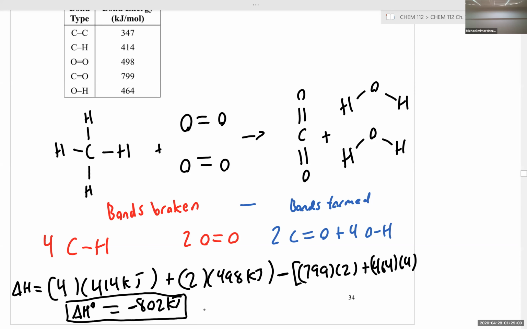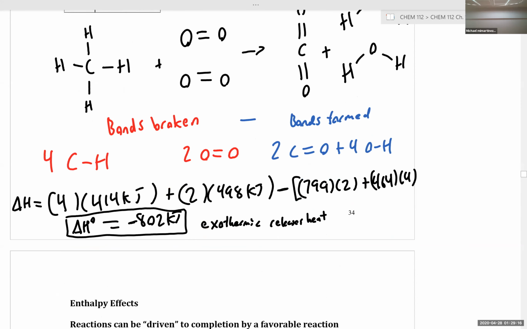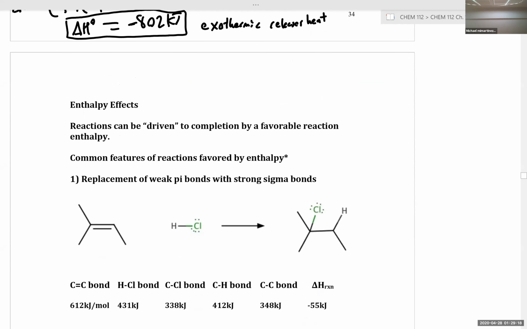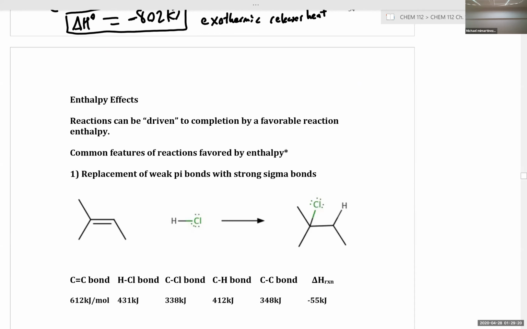So we can clearly see that this reaction is exothermic and it releases heat. Okay, this is boilerplate 102 calculations. Let's now expand on this, and now we're going to really delve deep and talk a little bit about enthalpy effects.